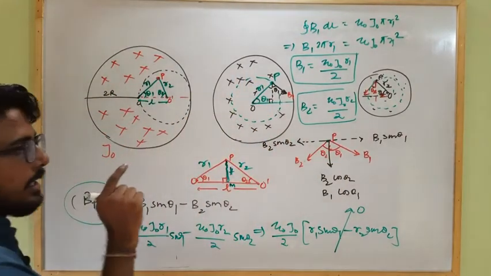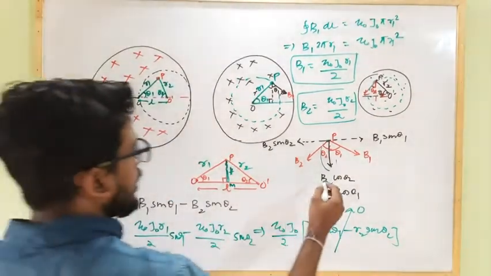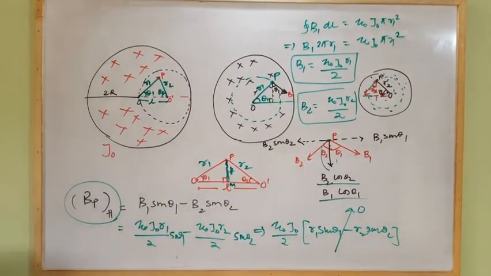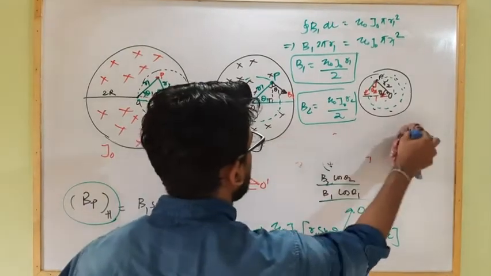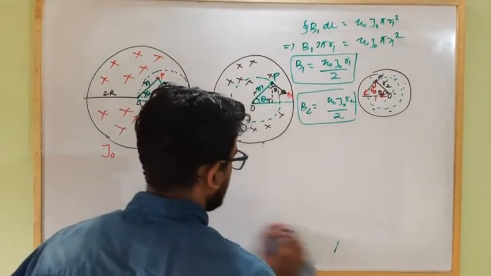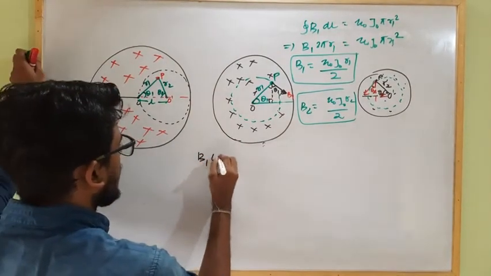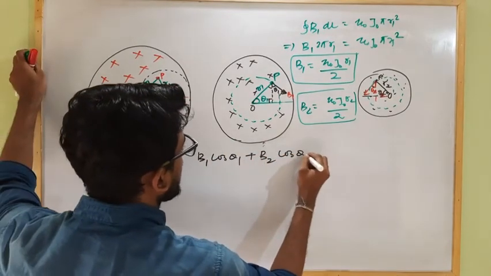So the net magnetic field strength will be due to the vertical component. So what is the vertical component? B2 cos theta 2 plus B1 cos theta 1. So now calculating the net magnetic field strength at point P will be B1 cos theta 1 plus B2 cos theta 2.